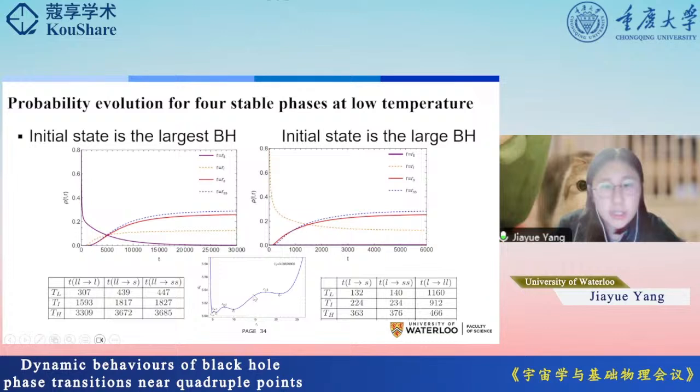And also for the initial large black hole, the orange probability decreases, and the other three phases increase. This is the same as this one, and they are all determined by the structure of the Gibbs free energy here.